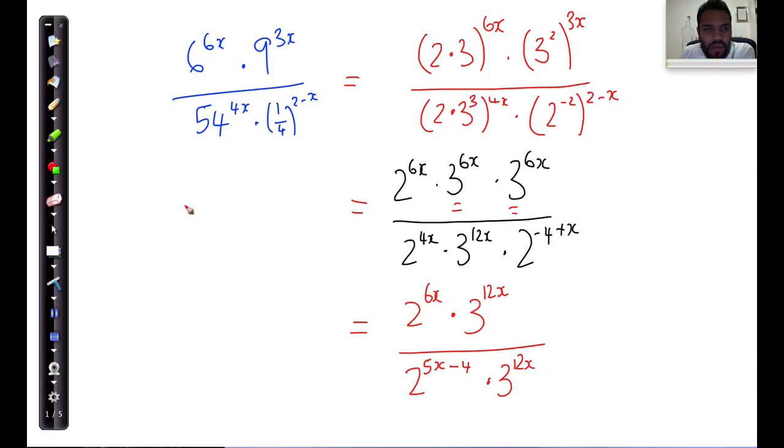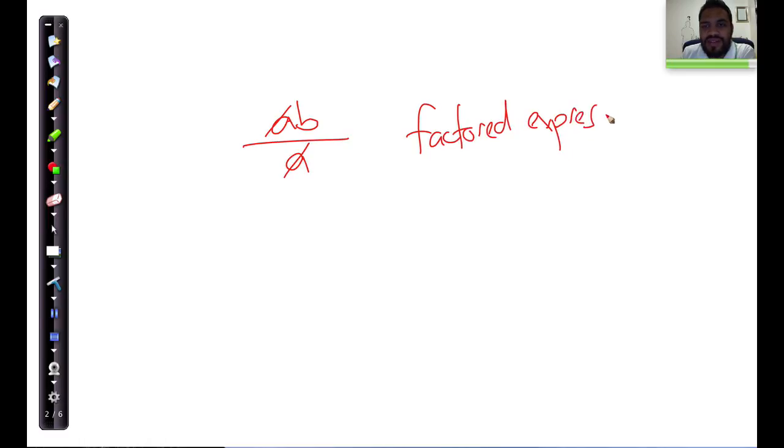Now, another important rule, I'm just going to pause over here. A very, very important rule is the following. If I have a times b over a, then I can cancel. Only if I have a factored expression can I cancel. I cannot cancel out terms in a numerator and a denominator if, for example, I have a plus b over a. You cannot cancel like this.